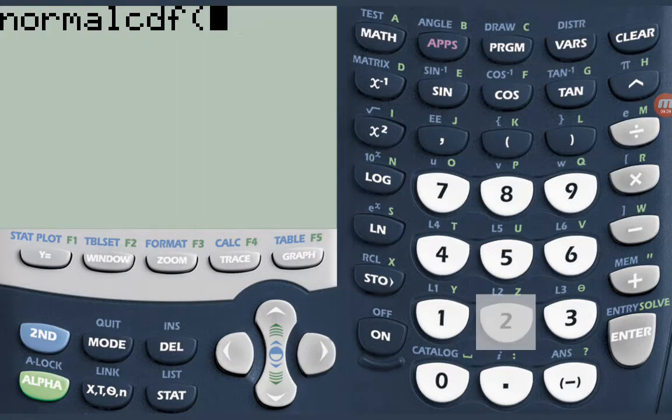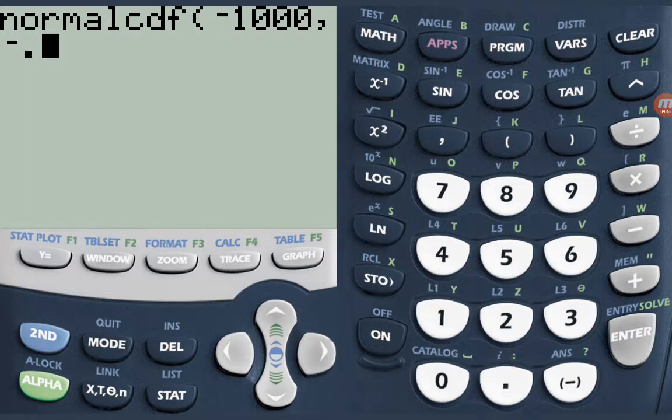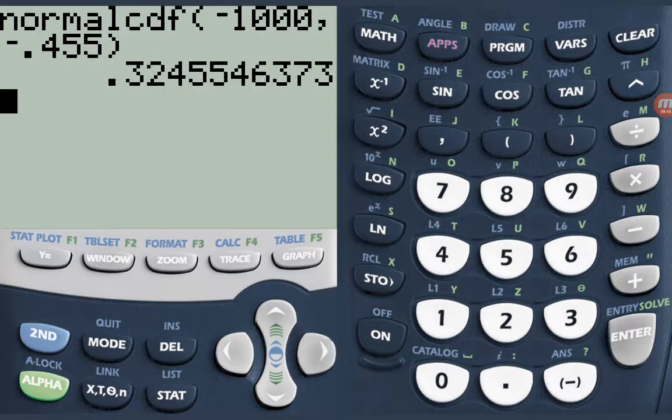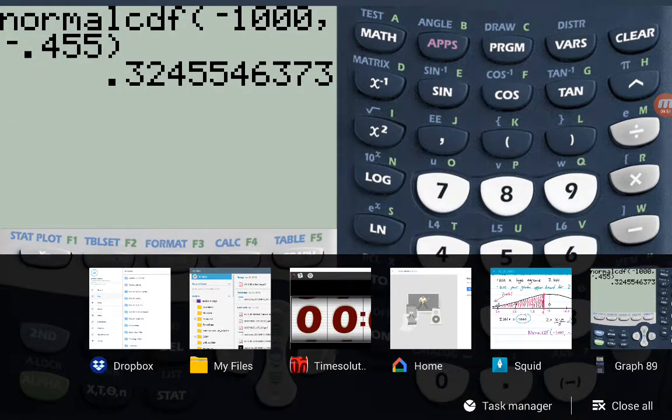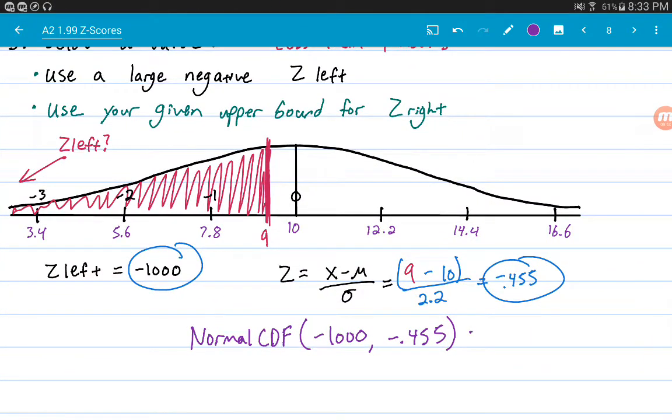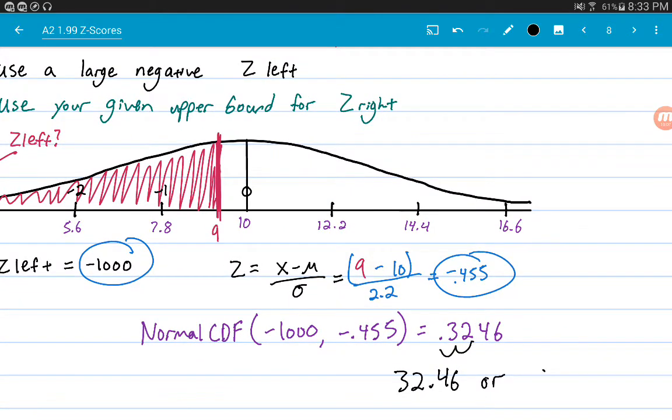Second vars, normal CDF, between negative 1,000, comma, negative 0.455, enter. Gets me 3245 or 3246. So equals 0.3246. I move the decimal place twice, and I get 32.46 or 32.5%.